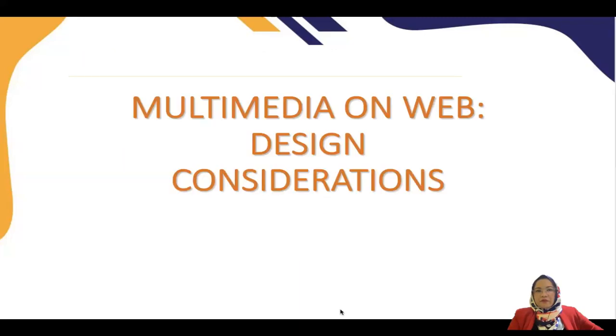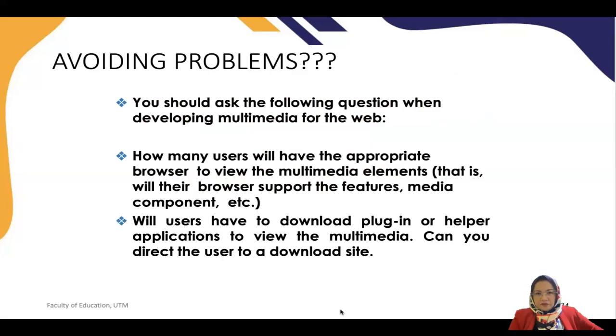When you design multimedia and put it on the web, there are a few considerations to look at. How many users will have the appropriate browser? This is important. Some users may only have, for example, the Safari browser, like Mac users, right? So if your multimedia application is more applicable for Chrome or IE, you may have to let them know earlier.